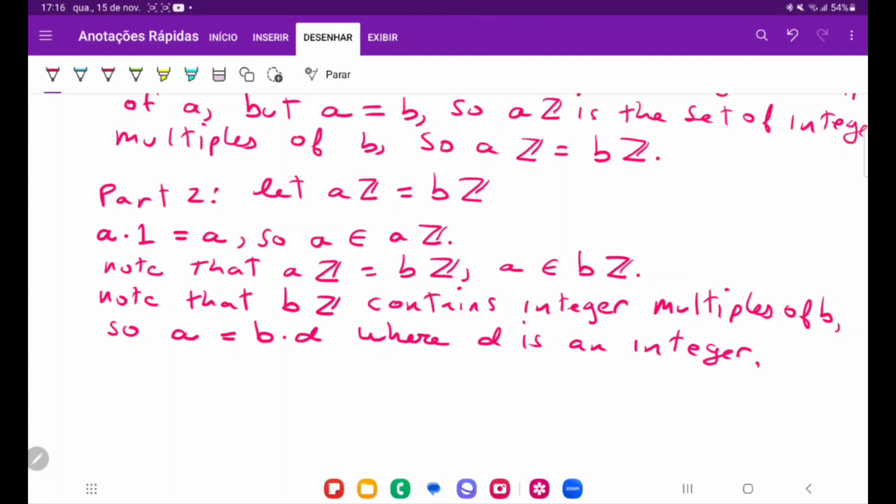So we're saying, if A is in the set BZ, it means that A must be an integer multiple of B, because that's how the set is defined.